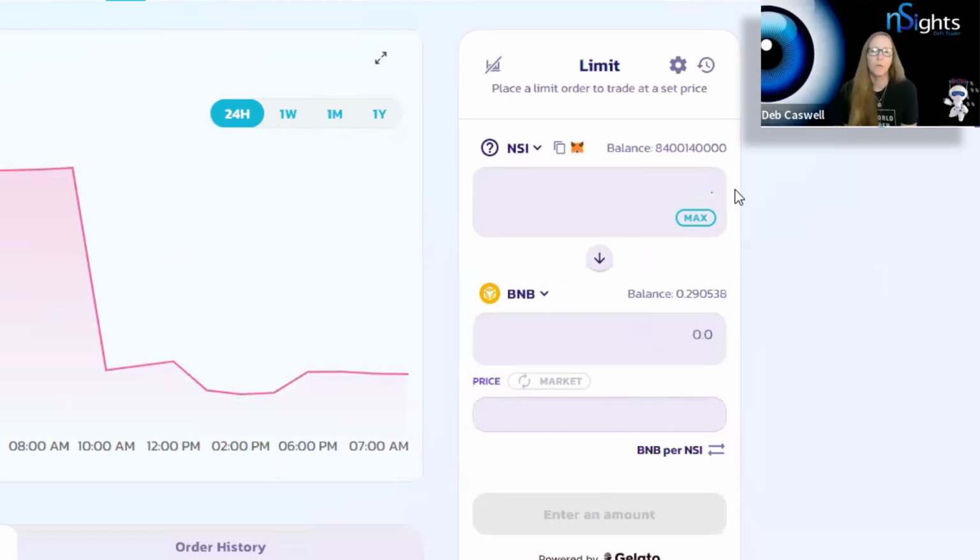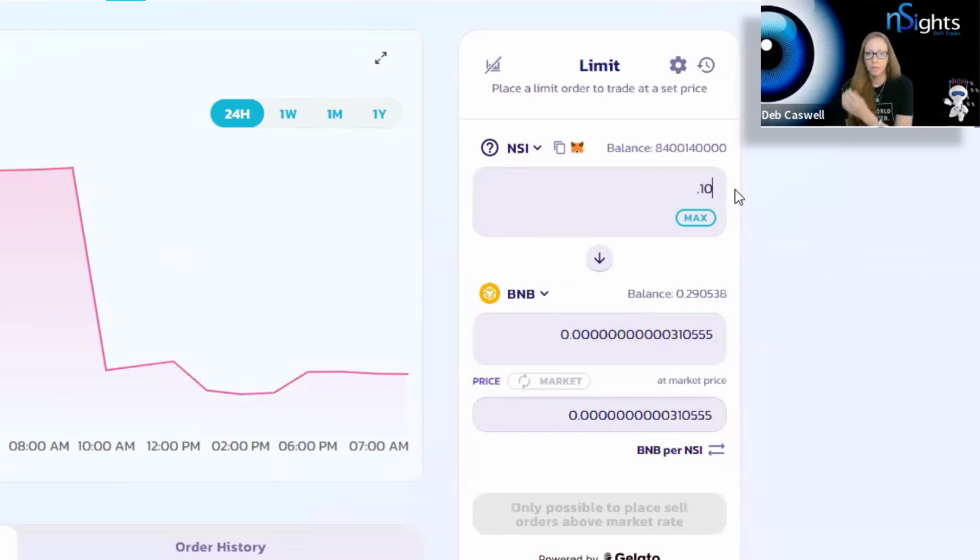Right, so now it wants him to put in the number of NSI tokens that he wants to sell. The first one was how much BNB do you want to sell for NSI tokens? Now it's how many NSI tokens do you want to sell for BNB?